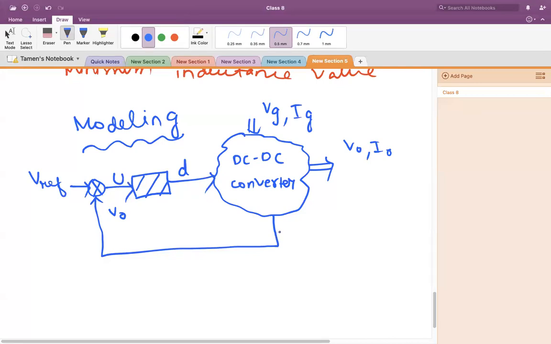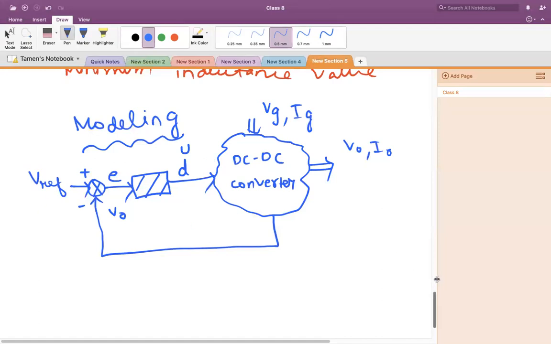So we have V input, and then the V output goes back to the V reference. So it does a check. If the voltage is not what we intended, if it's less, it will raise the voltage. If the voltage is more, it will decrease it. I think this is basically the circuit.